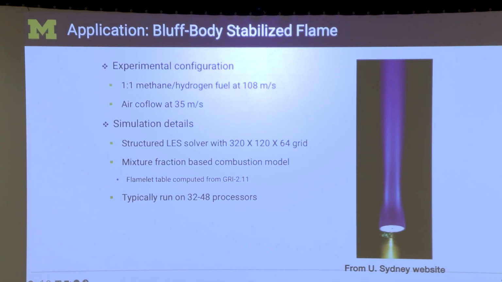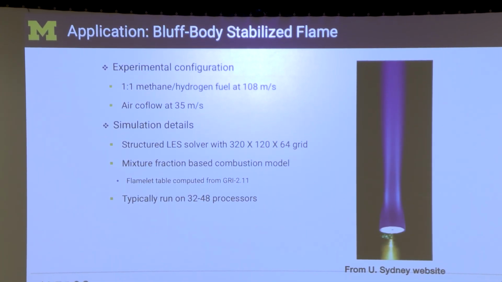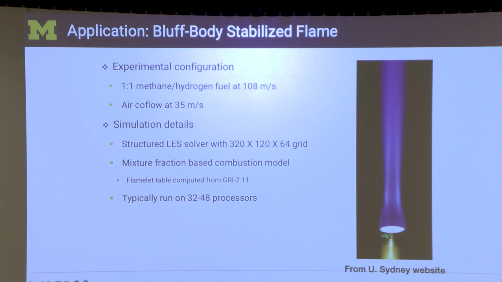You have to tune models, and if you tune models, sometimes it works, sometimes it doesn't work, and so on. And the main reason, and I showed this yesterday also, is that this particular flame has this property that once in a while, the recirculation zones it forms are destroyed, and the flame forms itself again. So it's a very unsteady process. If you don't capture that unsteadiness, then you don't get any accurate results.